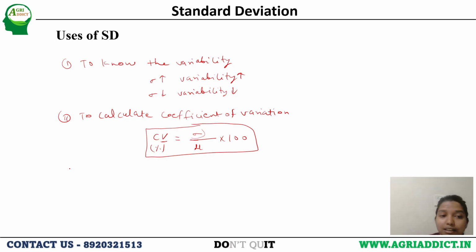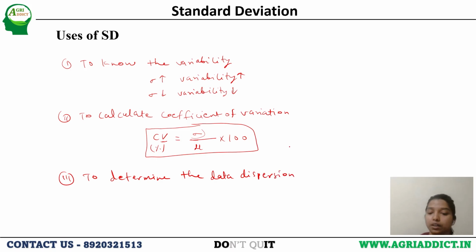This is the second use of standard deviation. And the third is to determine the data dispersion. This is the third use. I hope you understand till now.